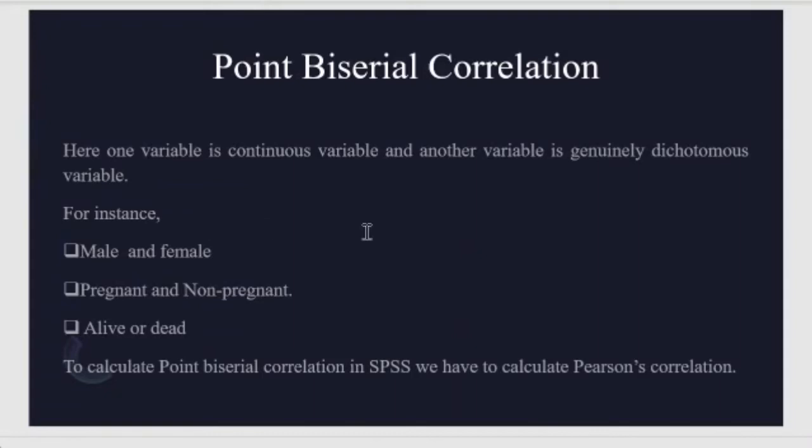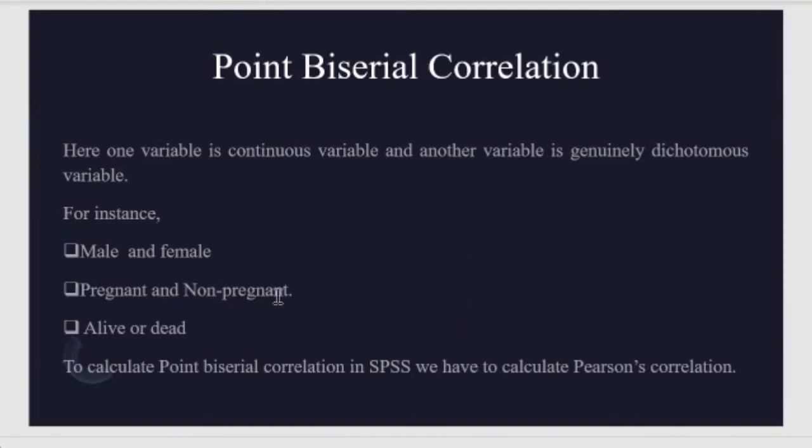Suppose you want to see the relationship between two variables. One variable is a continuous variable, and the other variable is a dichotomous variable, which is a genuine dichotomous. Genuine dichotomous means there is no underlying continuity, like male or female, or pregnant or non-pregnant. Someone is either pregnant or non-pregnant, but there is nothing called in between.